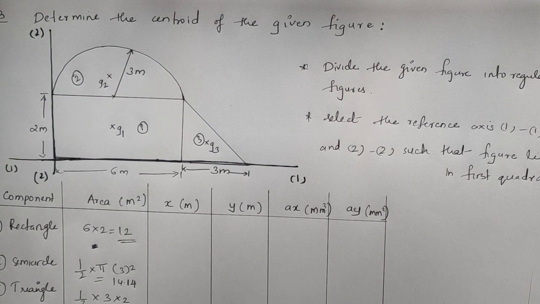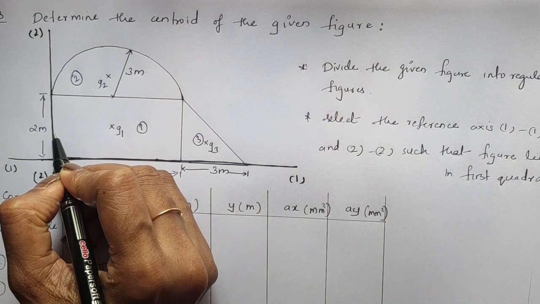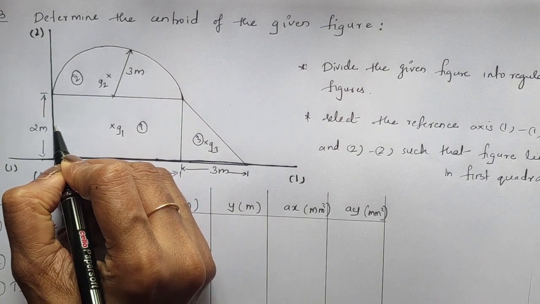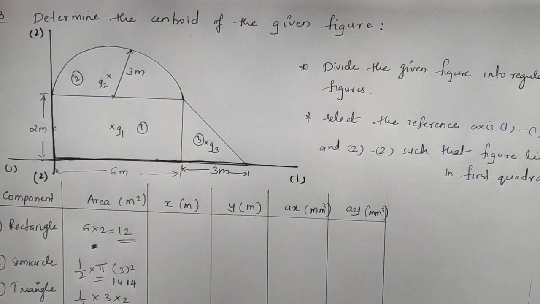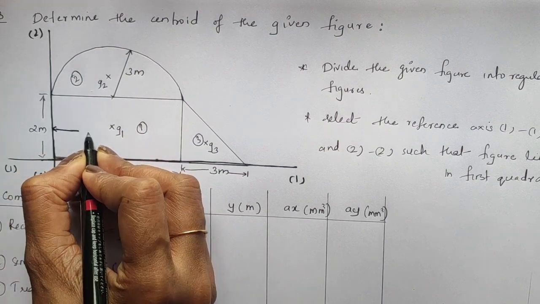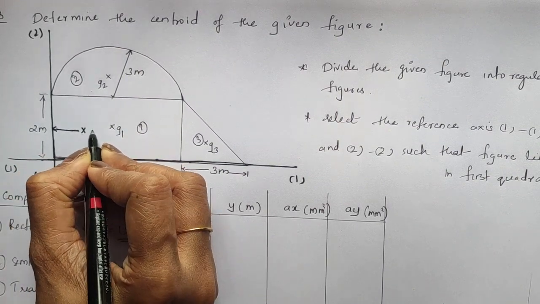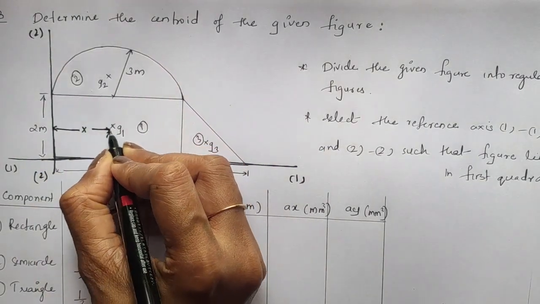Now next, for this rectangle, the x distance will be the distance from this y-axis, I'll mark it with the marker, to the centroid of that rectangle, and the y distance will be this distance.